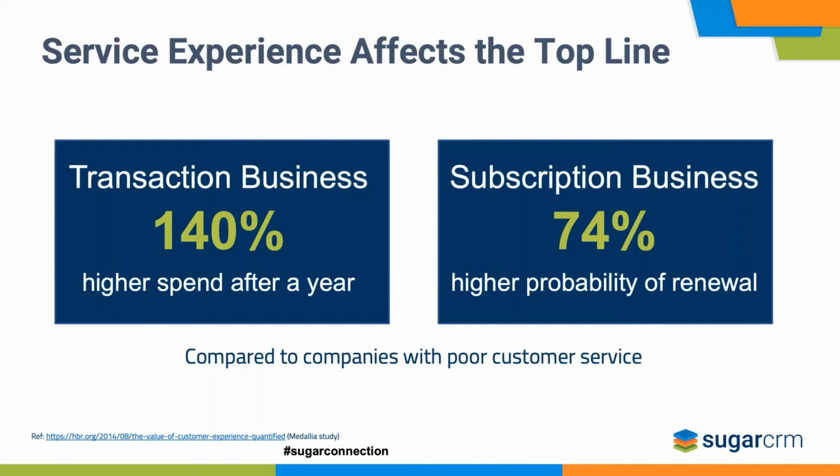In the subscription-oriented businesses where customers are paying companies annual or monthly fees for continued access to services, really good customer service can increase the probability of renewal by 74%, which is really, really excellent, because in a subscription-oriented business, renewals are where it's at. That's how you build out an annuity stream.